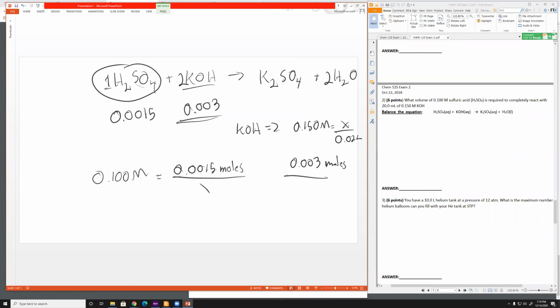So we can divide by X liters, and we get 0.0015 divided by 0.1, which is 0.015 liters, or 15 milliliters. Any questions on that? So basically, you're setting up the equation, doing stoichiometry, and figuring out how many moles you need.